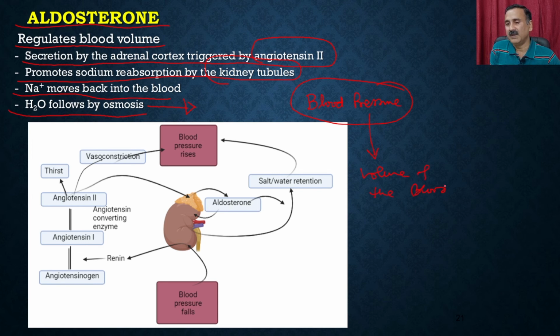For example, if you have 5 liters of blood, it is going to give you some kind of blood pressure, right. Blood pressure is the pressure the heart experiences when it is actively involved in the pumping of the blood, right. So, if you could somehow change the volume of the blood, you could modulate the blood pressure to some extent.